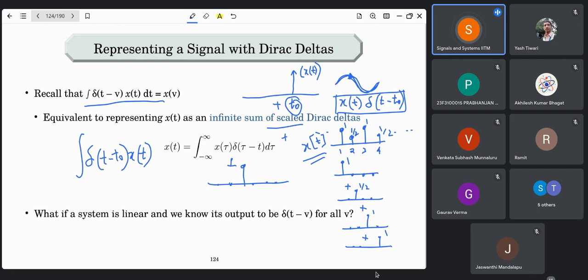And how small is this t naught going to be? It is going to be arbitrarily small. So I'll start at 0, and the next point is arbitrarily small. Probably the next point is 10 power minus 7, and then 2 times 10 power minus 7, and so on. This 10 power minus 7, I can keep on reducing. I can have it as close as I want. So you can sample at every possible point and then finally add together.